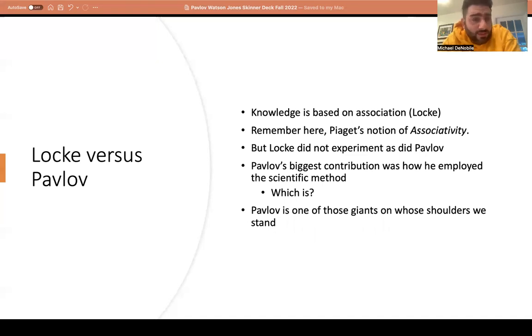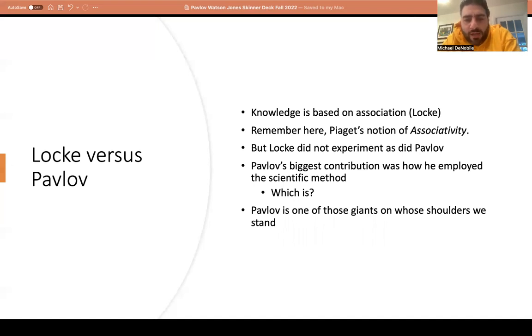Remember what the scientific method is: you have a hypothesis, you test it, all of that. He did research. Locke was basically basing it on common sense. Locke didn't do scientific experiments.